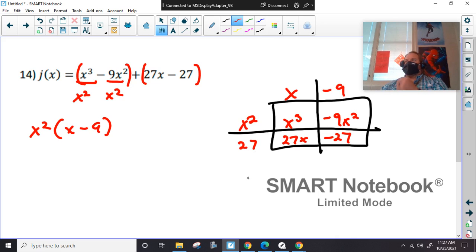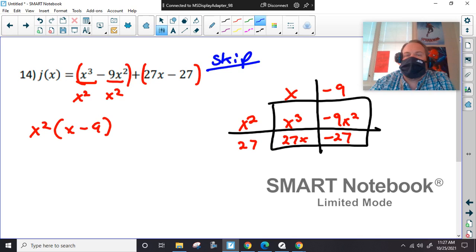No. All right, we're going to skip this one. Something about this doesn't smell right. It could be a typo. I could have accidentally put 27 in there too many times because that shouldn't be that.